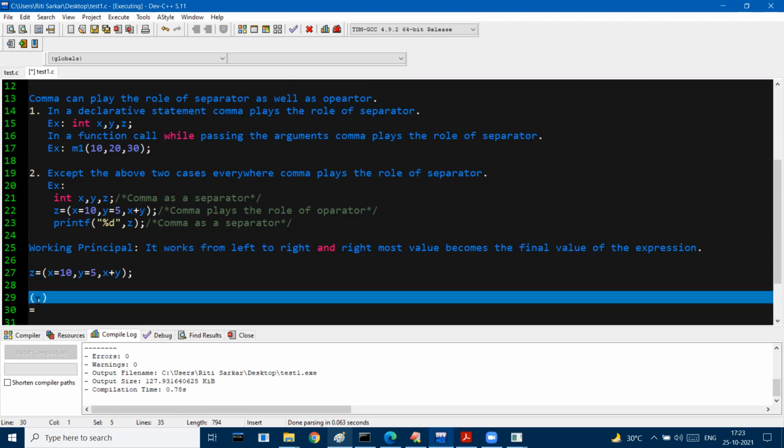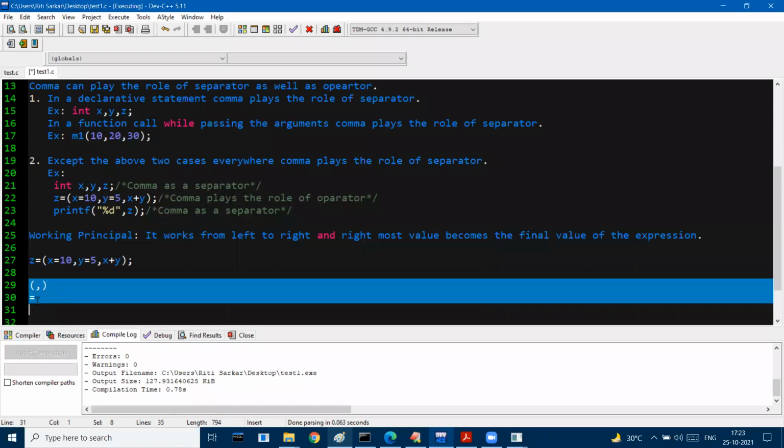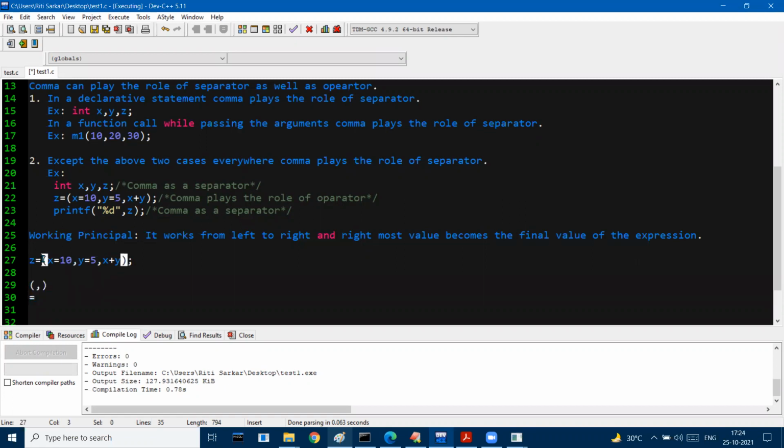As a result, comma suddenly started dominating over the assignment operator, telling it, now I have more precedence than you. But if you remove the brackets, immediately comma will come after the assignment. So in this expression, which part will be evaluated first? This part will be evaluated first.